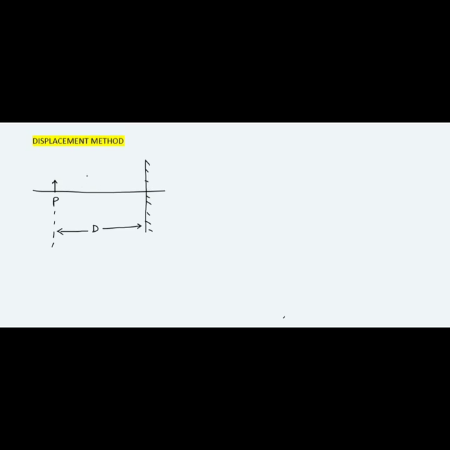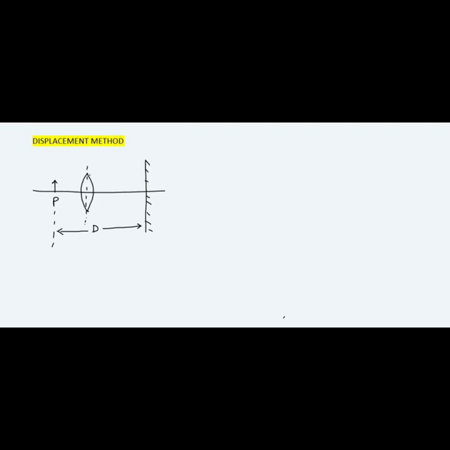By moving it towards the right or left, we have to find such a position for the converging lens that a very sharp image of the object placed at P is formed on the screen.